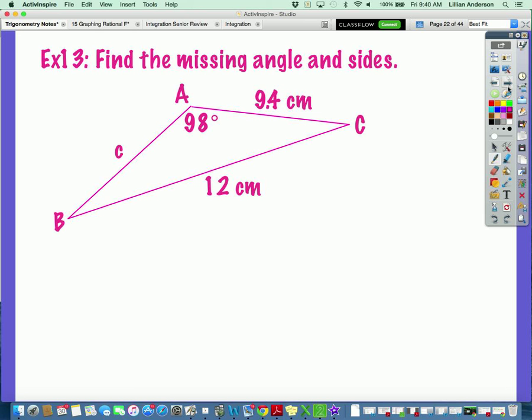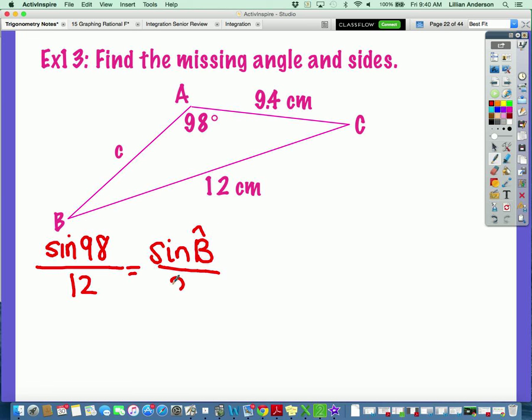So we can set this up by saying the sine of 98 degrees over its corresponding side equals the sine of what angle? B over 9.4.